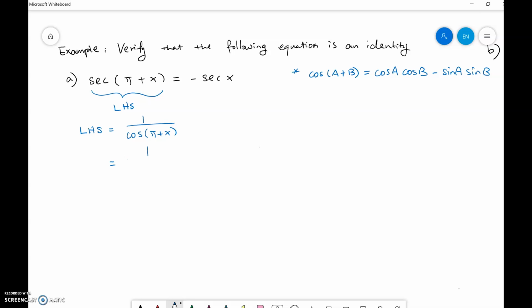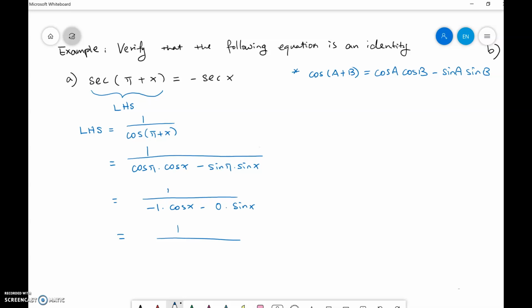So everything is under the 1 over cosine of pi cosine of x minus sine of pi sine of x, where cosine of pi is -1 and sine of pi is 0. When I simplify it, I get negative cosine of x, which I can rewrite in terms of secant, which is equal to the right hand side.